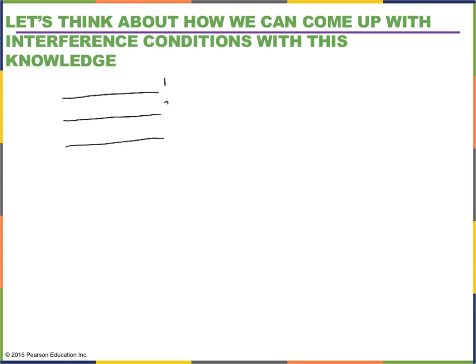This is 1, this is 2, this is 3. But here, n1 is less than n2, but n2 is greater than n3. So it's not the same as it was last time.